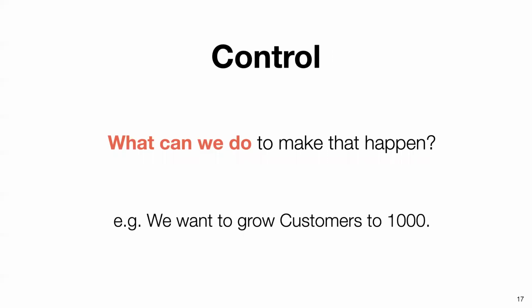Control is about what we can do to make that happen. Instead of just saying we are going to have 100 customers by the end of this year, how can we get to 100 customers? Right now we have 10 customers. What can we do to increase the number of customers? That's really the ultimate question that we want to answer when you do data analysis. But it's not that easy.